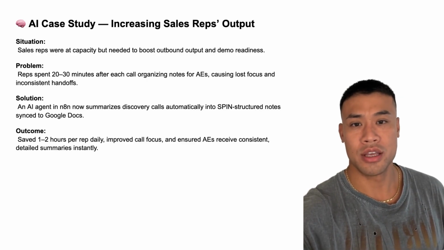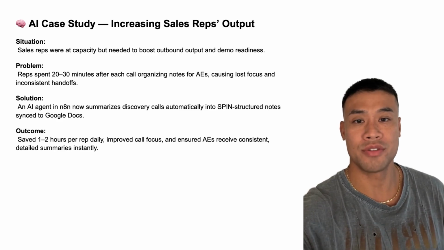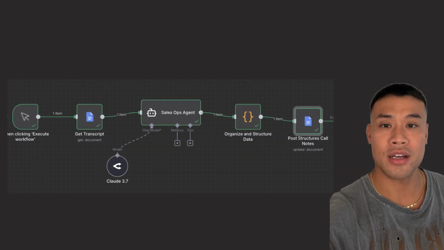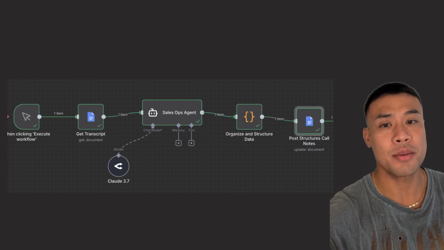The result? Each rep saves up to 2 hours a day, AEs get consistent, high quality handoffs, and our sales cycle moved faster than ever. Let's dive into the sample workflow I built to illustrate how this can be done.